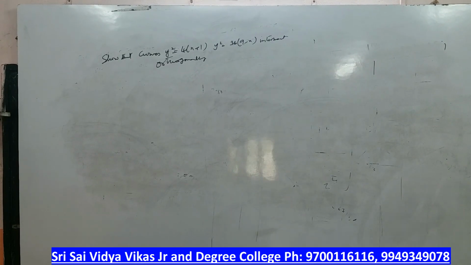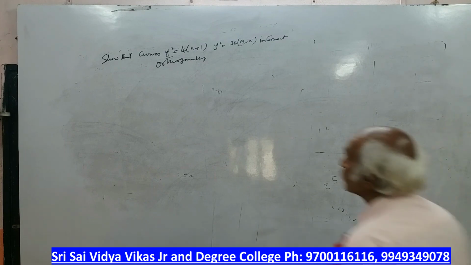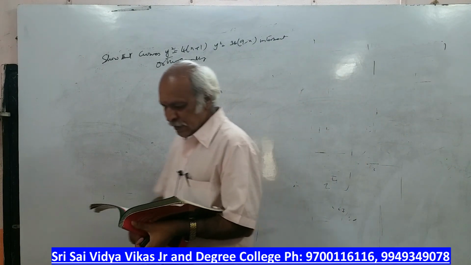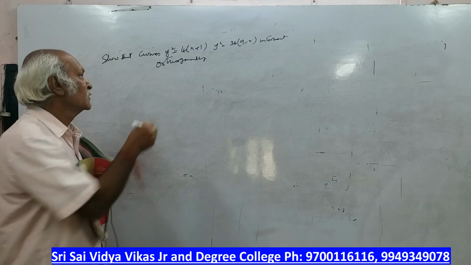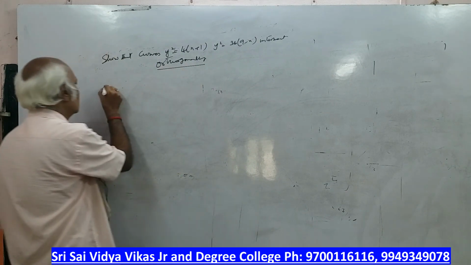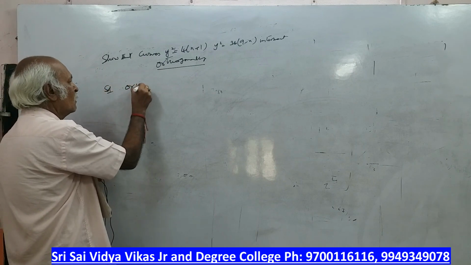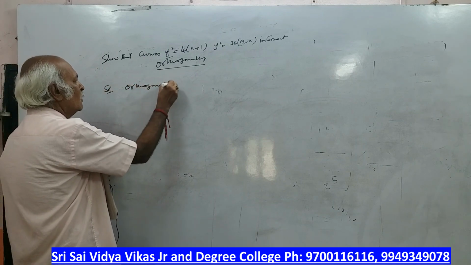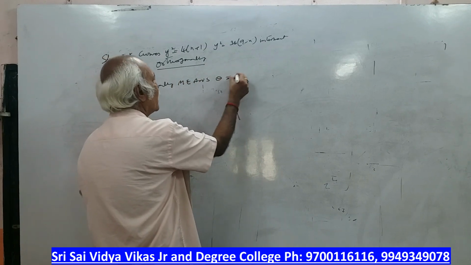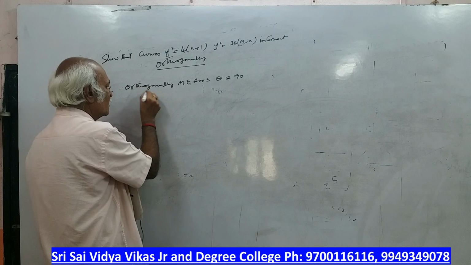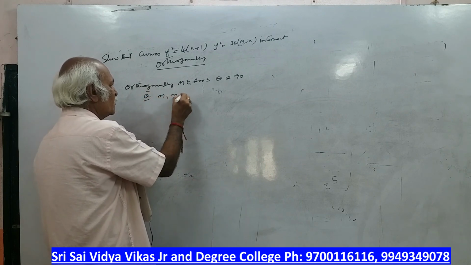Okay. What is the question? Show that the curves y square is equal to 4 into x plus 1 and y square is equal to 36 into 9 minus x intersect orthogonally. Here orthogonally means theta is equal to 90, that is m1 m2 is equal to minus 1.